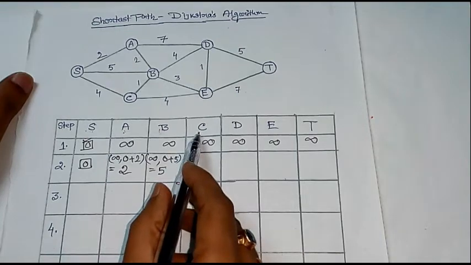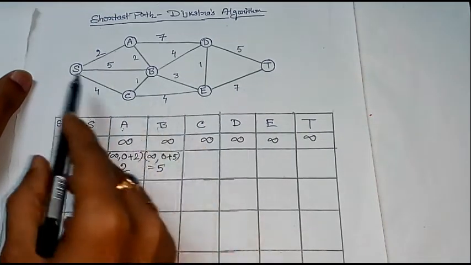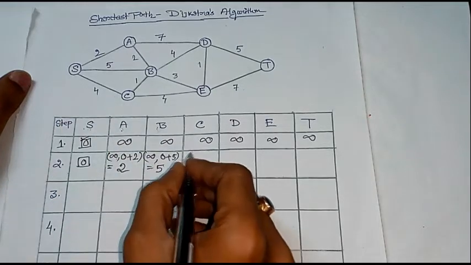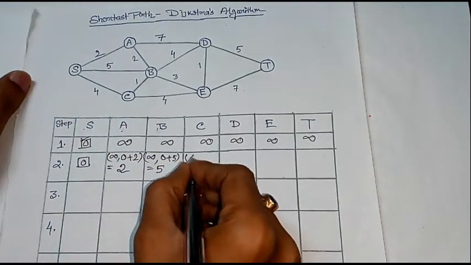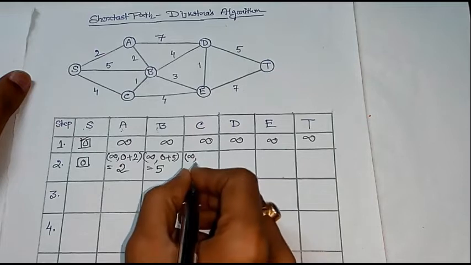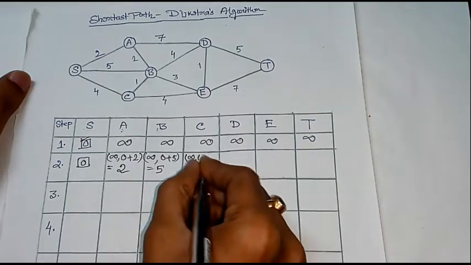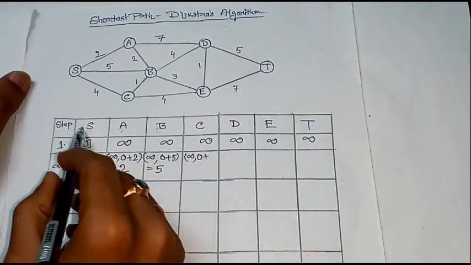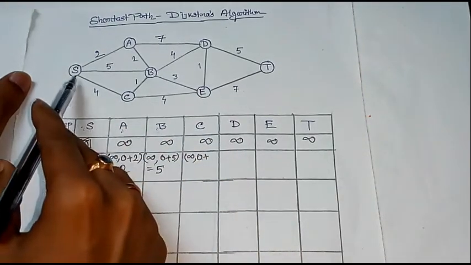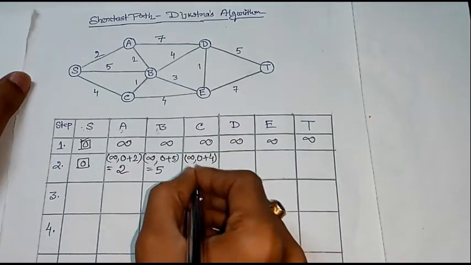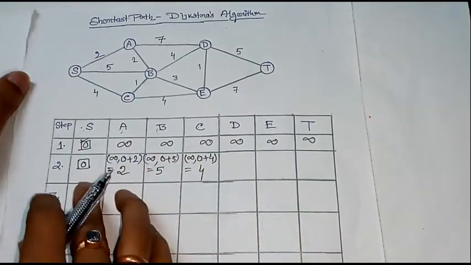Next, consider the vertex C, and S and C are adjacent to each other. Hence, one value will be the previous value infinity, and the next value will be the permanent level of the previous step, that is 0 plus the distance between S and C, and the distance between S and C is 4, so it is 4, and the minimum of these two is 4.